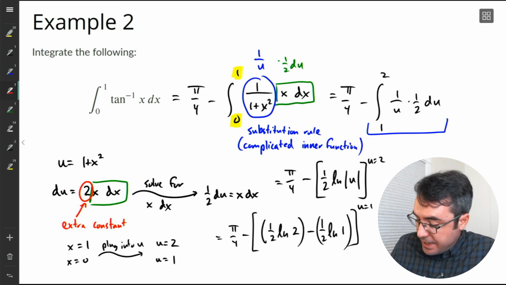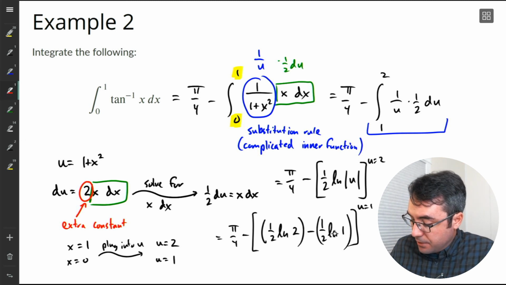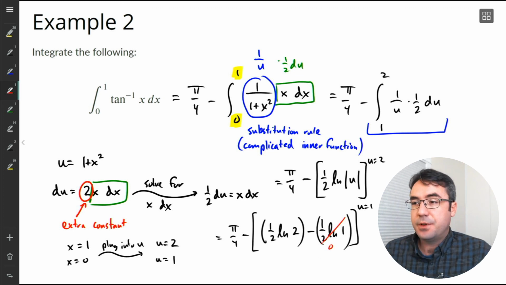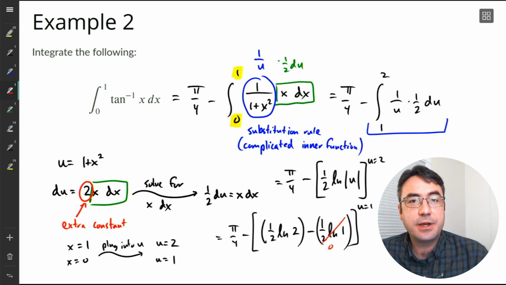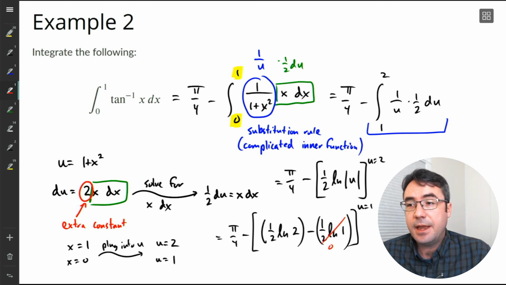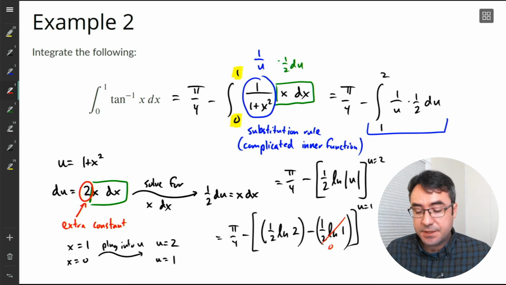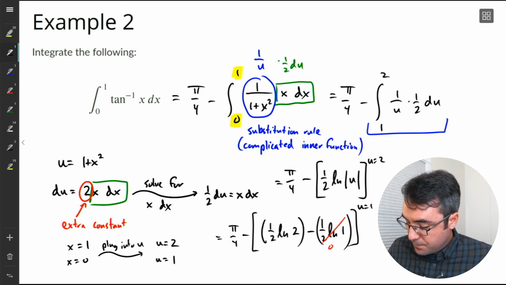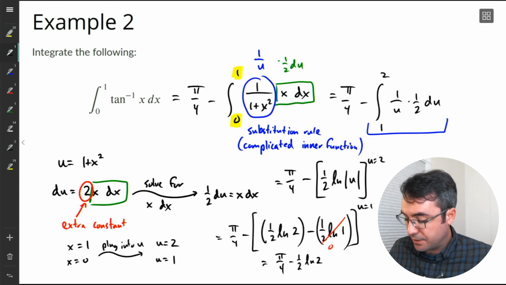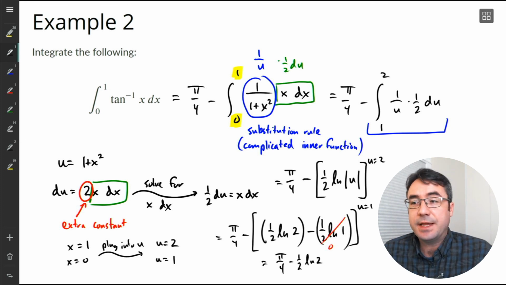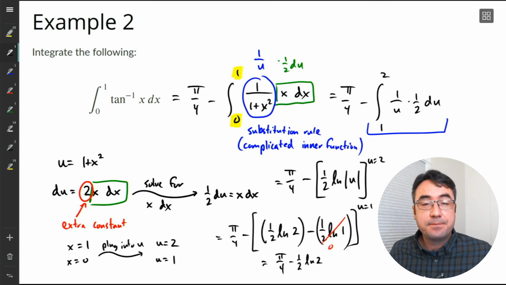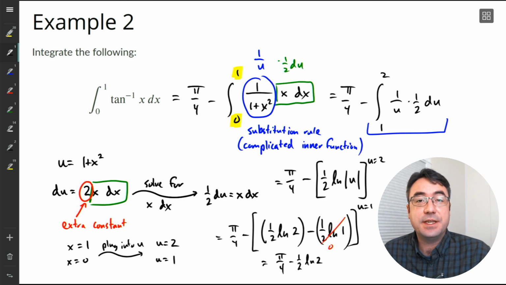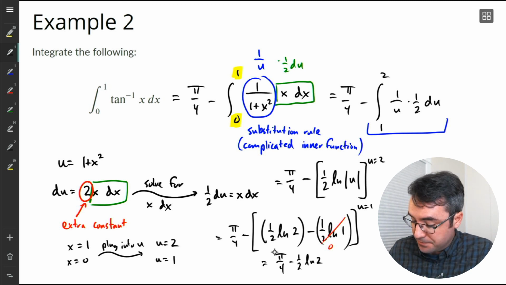And we know natural log of 1 is just 0. So this whole second part here is going to be 0. And cleaning this up, simplifying it down, we get pi over 4 minus 1/2 times the natural log of 2. And so that's the actual value of this entire definite integral.